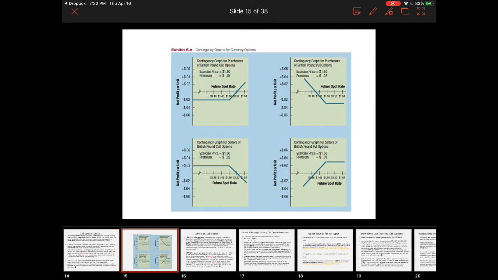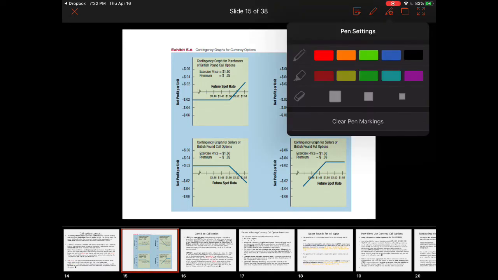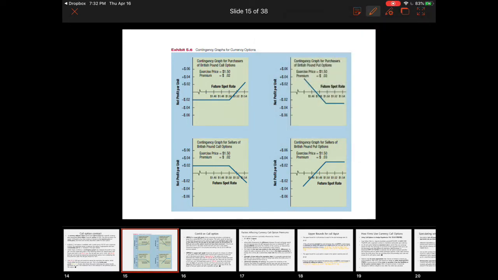Let me start on this slide. As you can see, the upper left one is the payoff for the call option purchaser. The minimum is the premium paid.